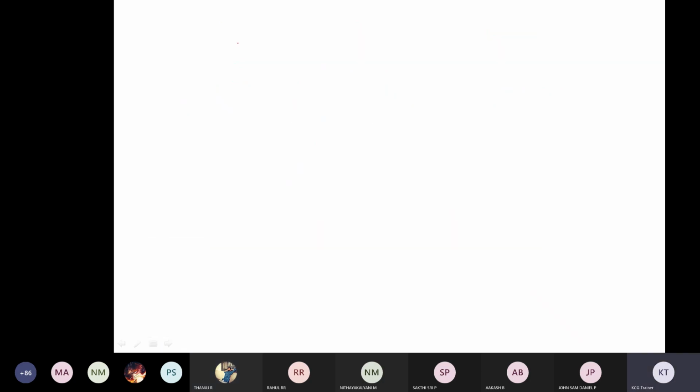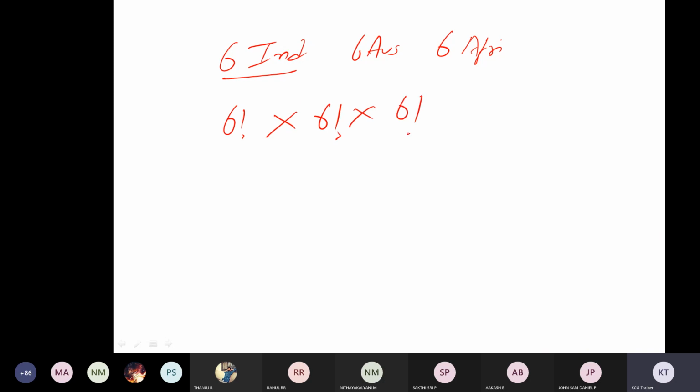Why I'm telling you? For example, there are 6 Indians, 6 Australians, and 6 Africans. They have to sit alternately, one after other. For 6 Indians, 6 factorial, 6 Australians, 6 factorial, 6 Africans, 6 factorial. But tell me, who will occupy the first position, an Indian or an Australian or an African? 3 people can be shuffled in how many ways? 3 factorial.